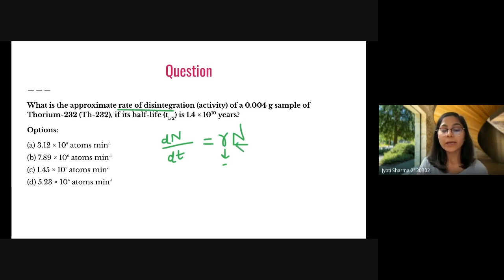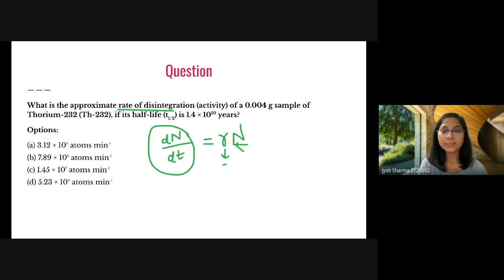And this is a first order reaction because your rate of disintegration is directly proportional to the concentration of your sample. So this is now very simple. You need to calculate the rate of disintegration, so you need to calculate this dN upon dt.